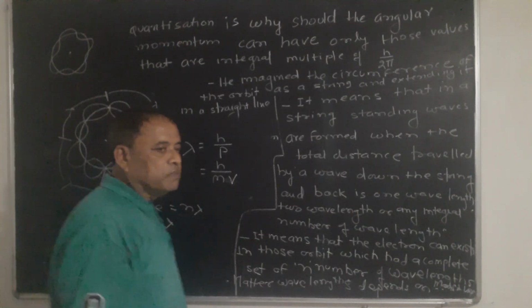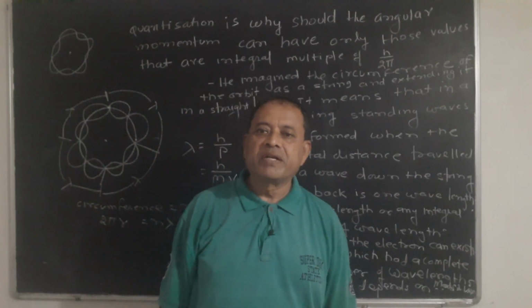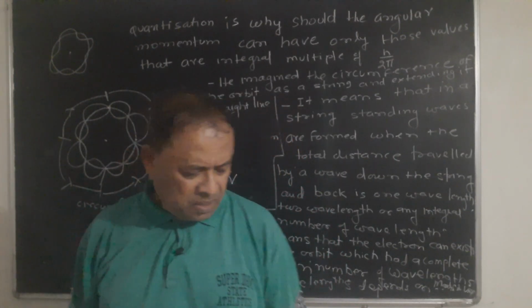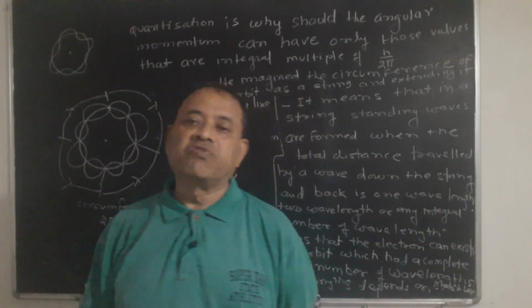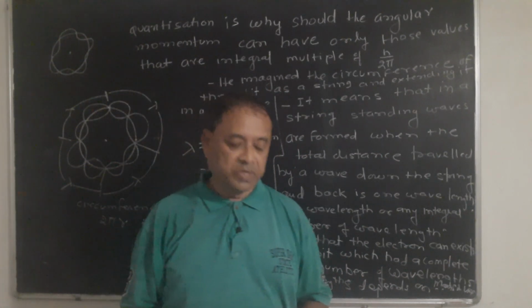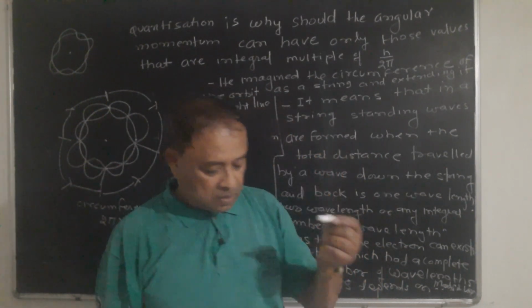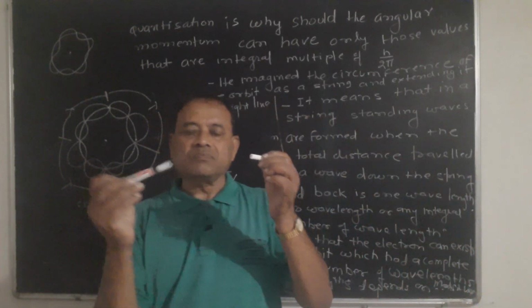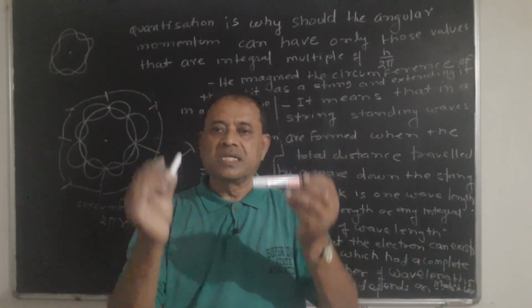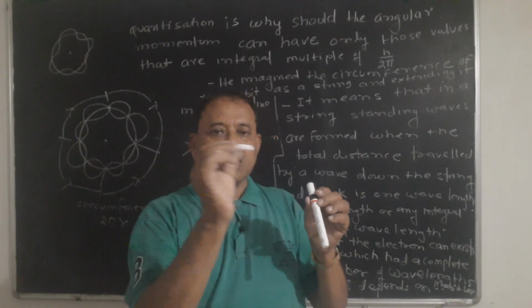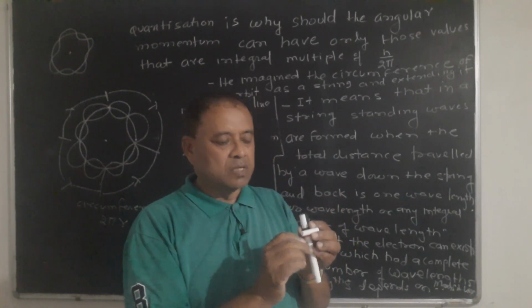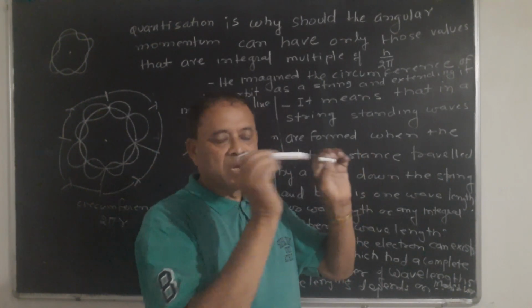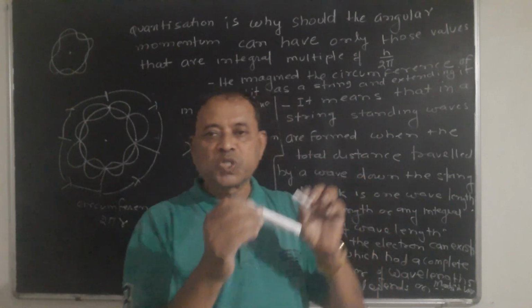What about angular momentum? There is only a definition, but we should feel it. Momentum, we should feel it. This is the chalk and this is the marker. Both have mass. If I throw them, both will get motion.